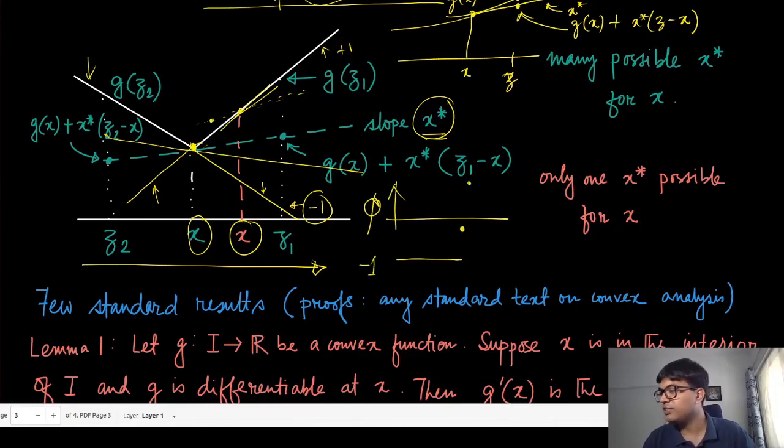The changeover happens at this point x. And then onwards you can see that this function increases. The function is always non-decreasing. That is the conclusion from a convex function.